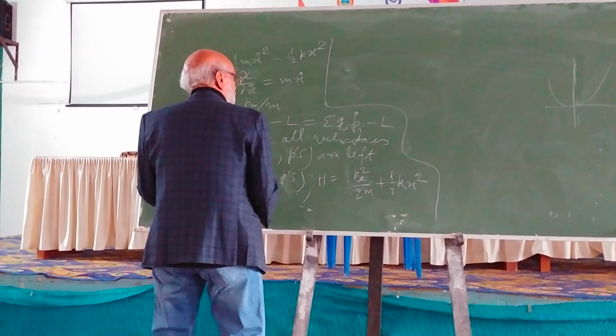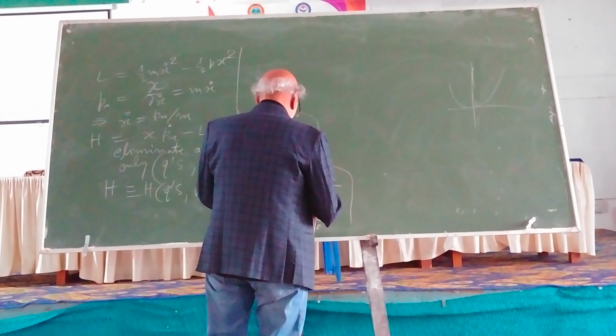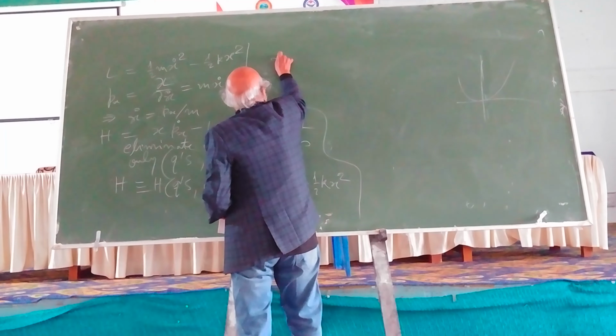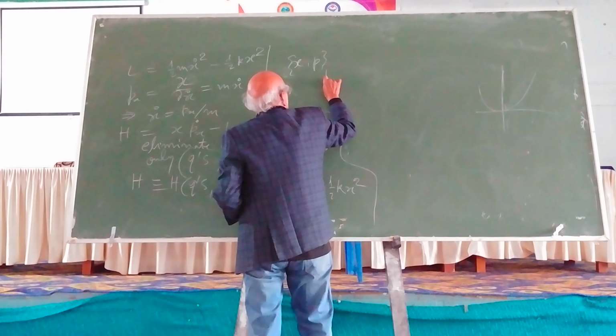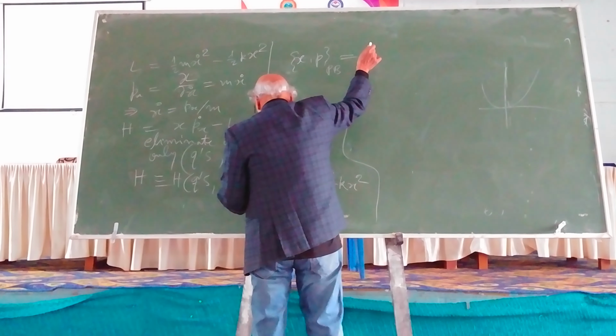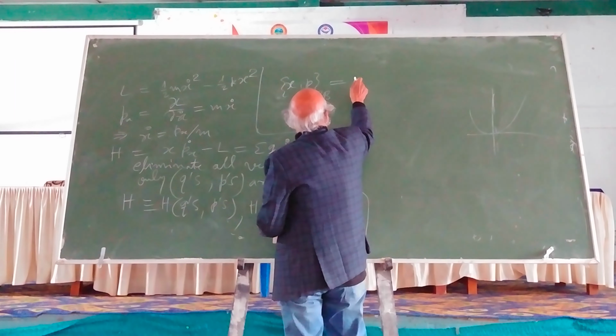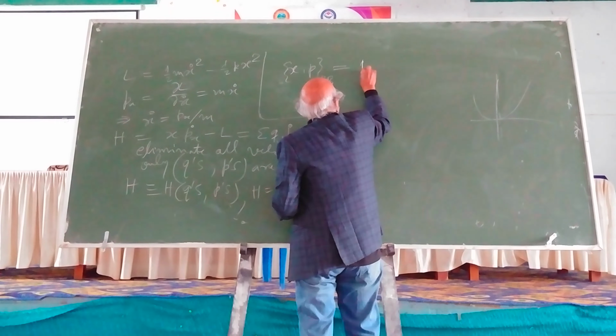Fine. So then you also define the Poisson bracket of X and P, calculate it using the standard procedure, and this would come out to be 1.